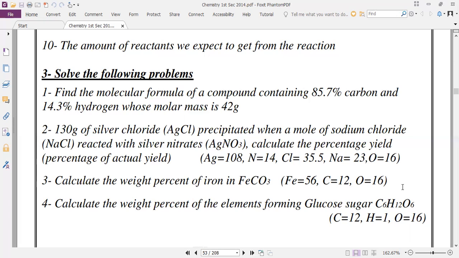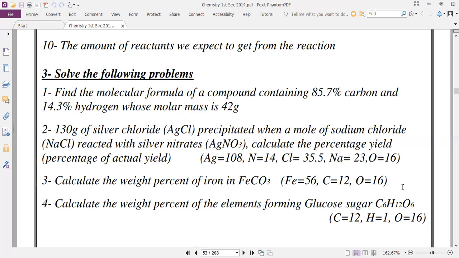Excellent. So the simplest ratio will be what? 14.3 to 7.14, then 2 to 1. Yeah, excellent. So the empirical formula will be CH2. Excellent.